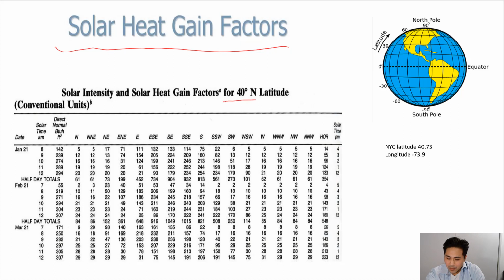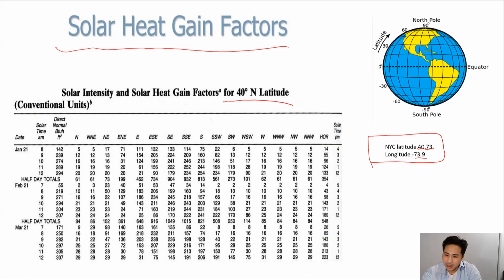In this example, it's 40 degrees north latitude. The reason I picked 40 degrees north latitude is because I'm from New York City, where I'm making this video, and New York City's latitude is 40.73 and the longitude is 73.9.